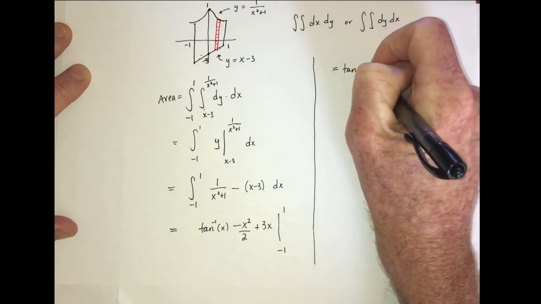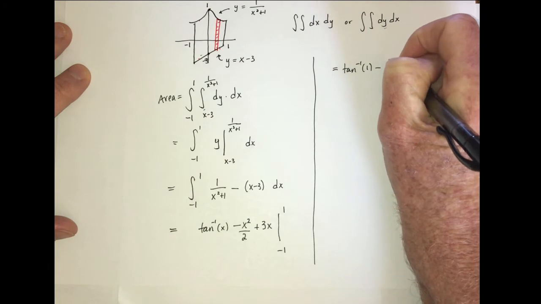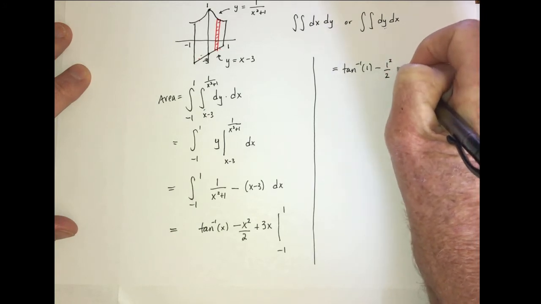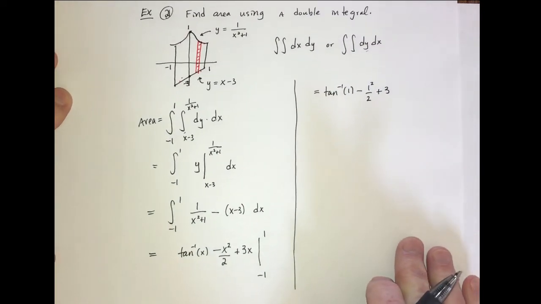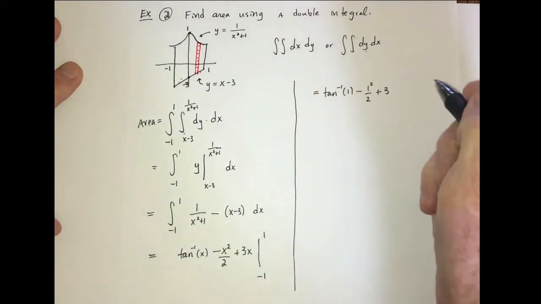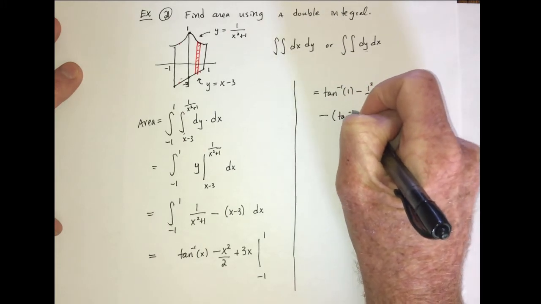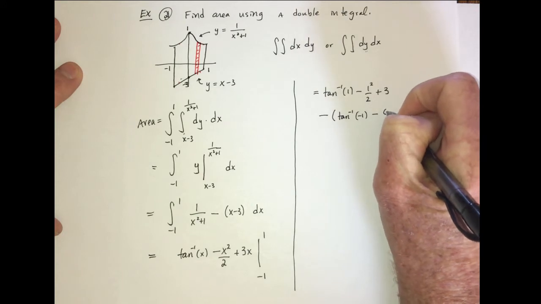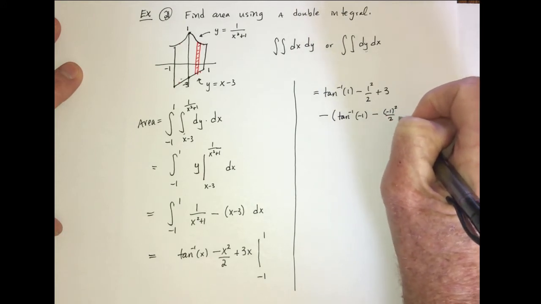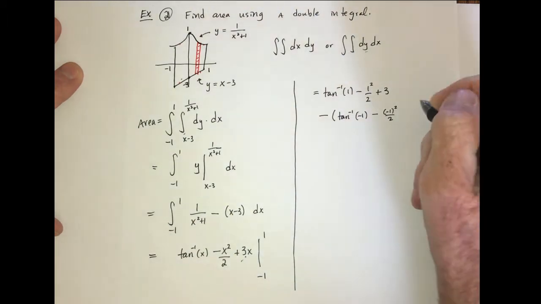So that'll be tangent inverse of 1 minus 1 squared over 2 plus 3. And then minus tangent inverse of -1 minus a -1 gets squared over 2, and then this will become minus 3.